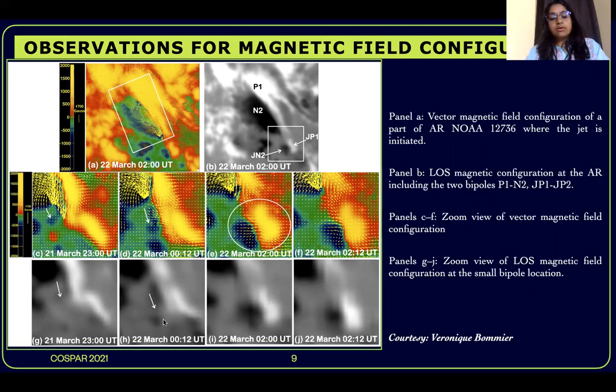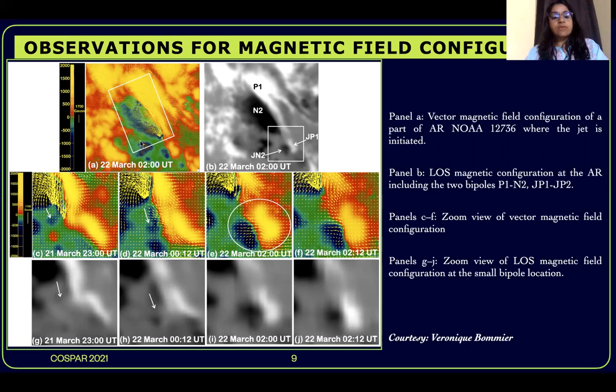Here we did the vector magnetic field map with the UNNOFIT inversion code. This vector magnetic field map presents the full magnetic field vectors with 3 components in the heliospheric frame of reference. The vertical component of the magnetic field is presented with this color table, and 2 horizontal components are combined to form the horizontal vector represented by the arrows.